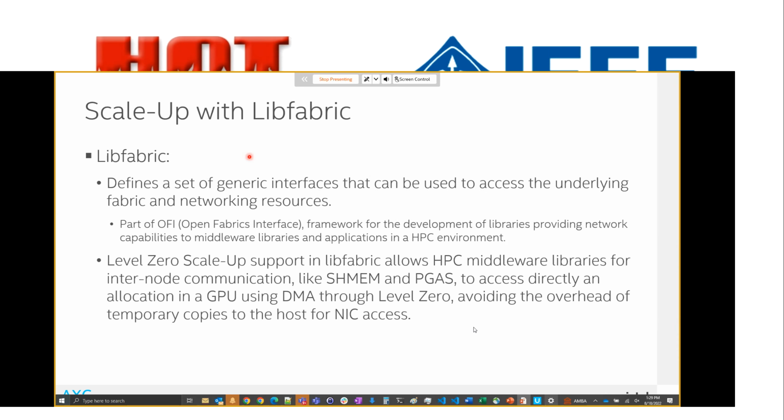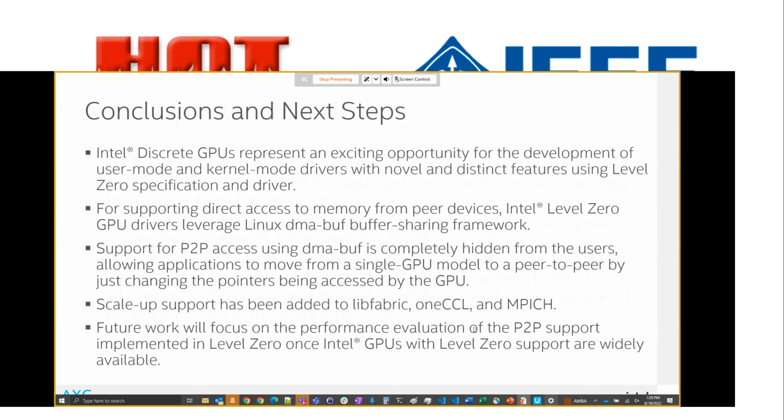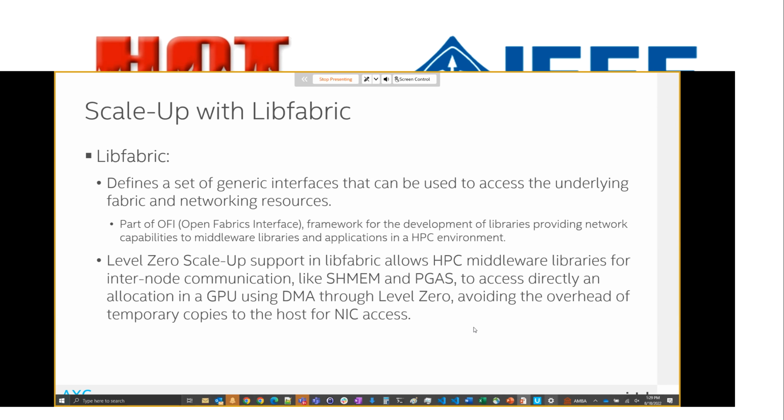That support is being added, and support to use scale-up and scale-out. And the same basic mechanism that we just mentioned before is used here. Pretty much, libfabric or MPICH accesses Level Zero, requests device allocations, and then requests the IPC handles or the DMA-BUF handles to be able to exchange that device allocation with other NICs or with other devices.